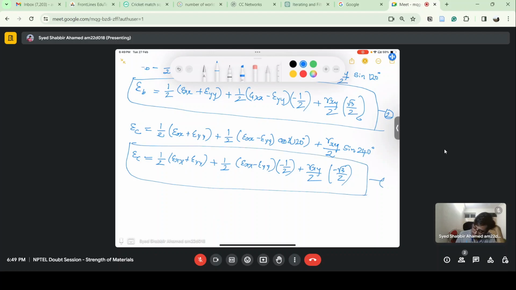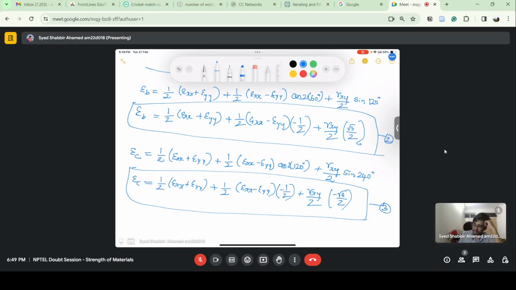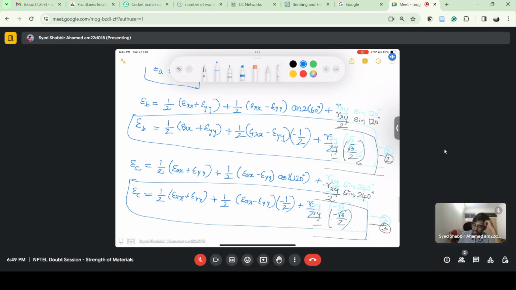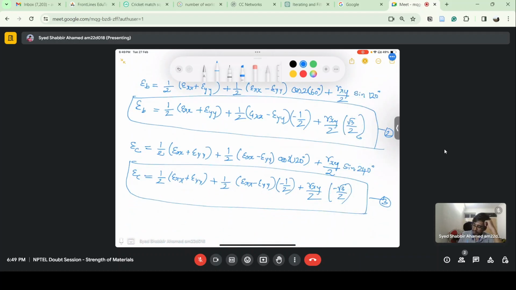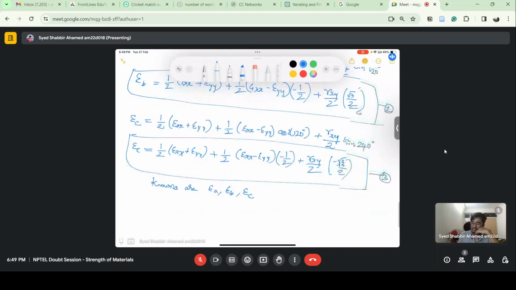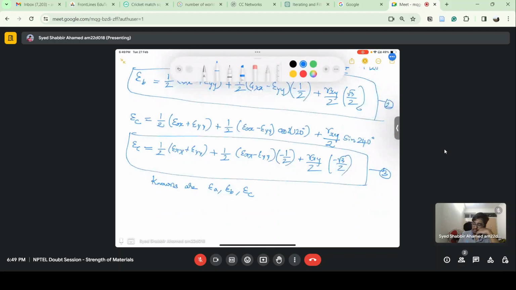So here we have three equations, in which the knowns are epsilon A, epsilon B, and epsilon C. Epsilon A, epsilon B and epsilon C are measured and taken from the strain gauges.